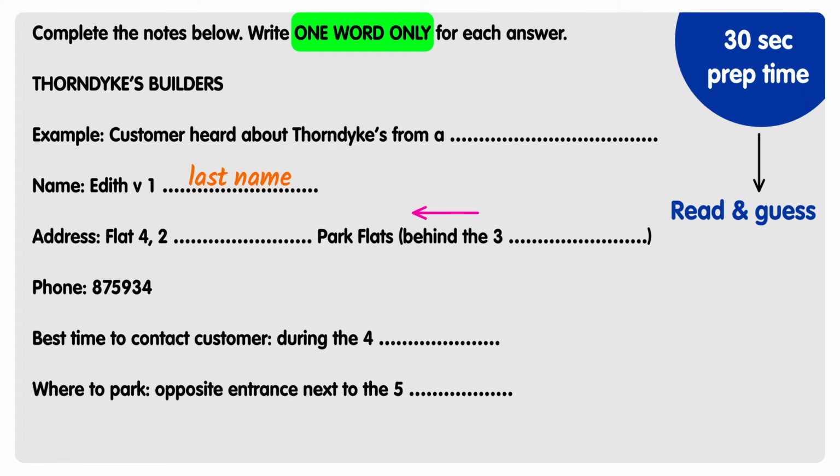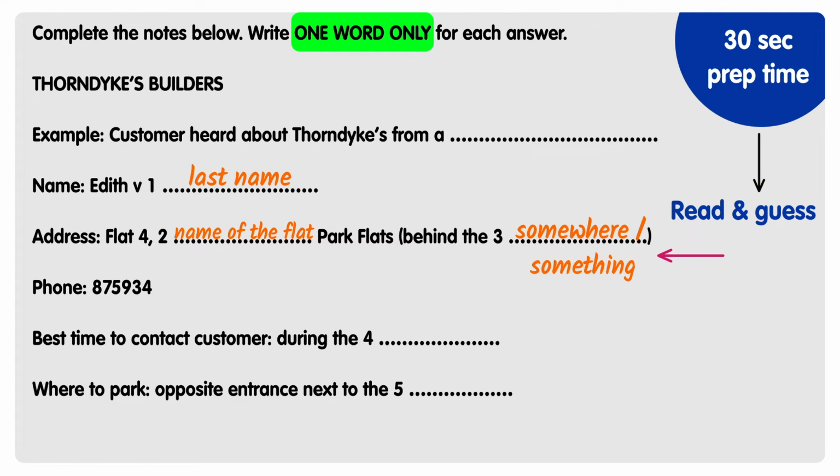Then number 2 is address, flat 4. So here we should write the name of the flat. Again, for the names, you should wait until it is spelled. And park flats behind the something. So for number 3, we should write somewhere or something behind what.